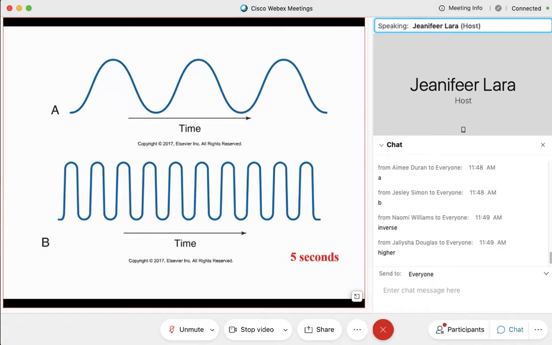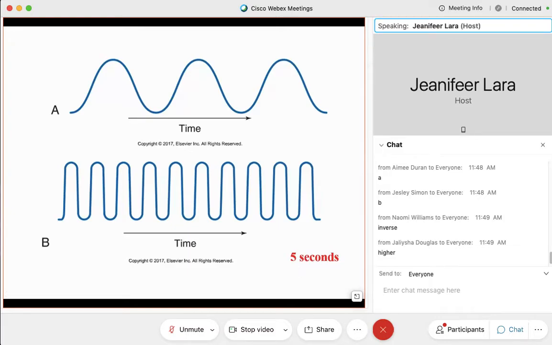Frequency and wavelength have an inverse relationship. If frequency goes up, wavelength goes down. If wavelength goes up, frequency goes down, because time will always stay constant.